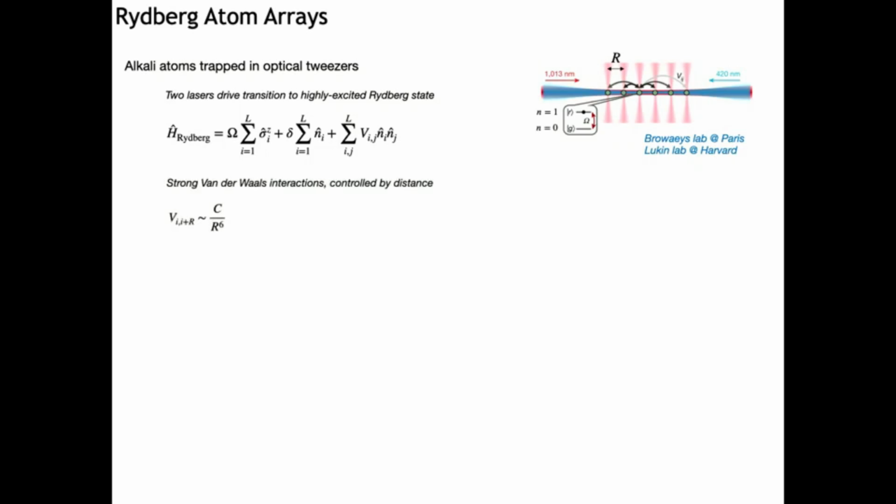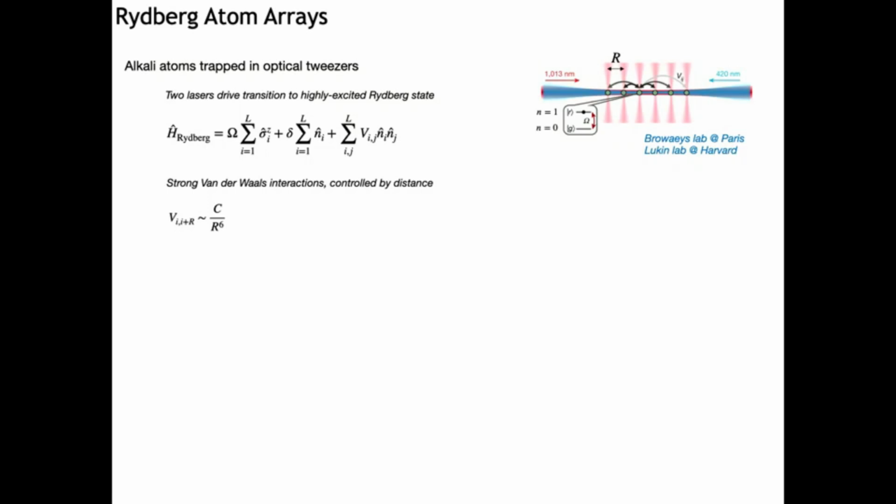So if the Rydberg state is chosen to be, say, in the spherically symmetric series, right? Then you have essentially van der Waals interactions between atoms, so interactions that decay as the 6th power of the distance, right? But the coefficient in front explodes with a high power, I think, with the 11th power of the principal quantum number.